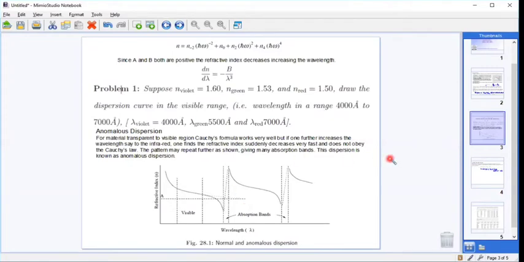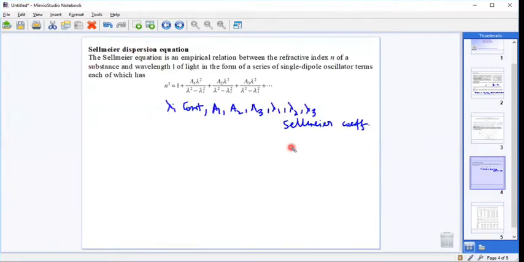The first theory came from Sellmeier, who assumed that all elastically bound particles in the medium oscillate with a natural frequency omega naught, which corresponds to the wavelength lambda naught in the vacuum. So Sellmeier gave the formula like this.